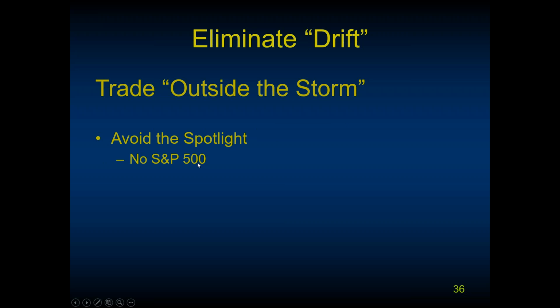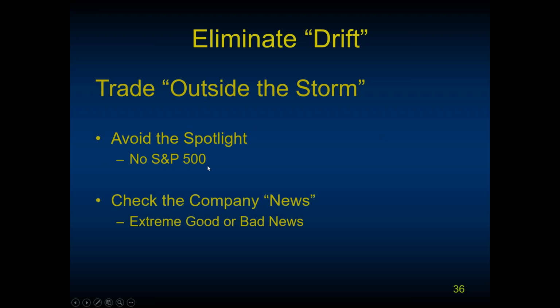We really don't go into the S&P 500 because that's what the media is covering. So we avoid the spotlight stocks and trade outside the S&P 500. And as I said earlier, we check the news. We look for extreme good news or bad news. So we do two things to trade outside the storm of the media, which is doing a lot more harm than good for traders who are trying to trade systematically using data.